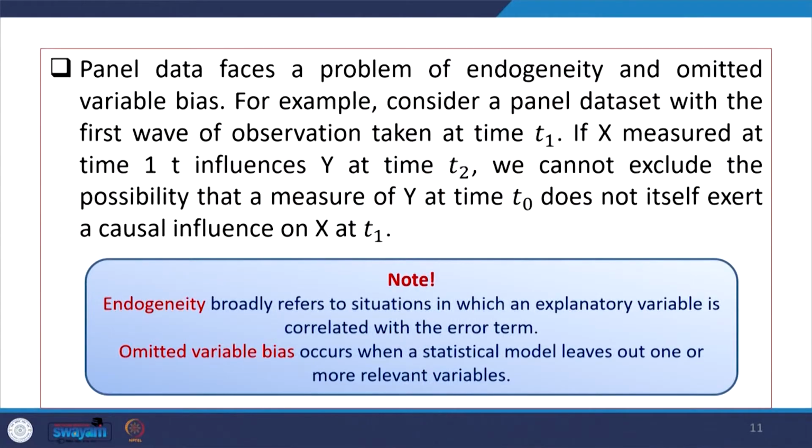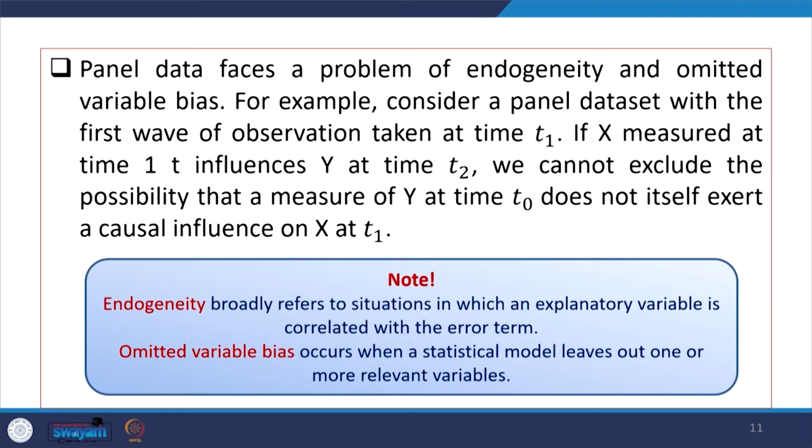Let us consider a panel data set with the first wave of observations taken at time period t1. If x measured at time t1 influences y at time t2, we cannot exclude the possibility that a measure of y at t0 does not itself exert a causal influence on x at t1.